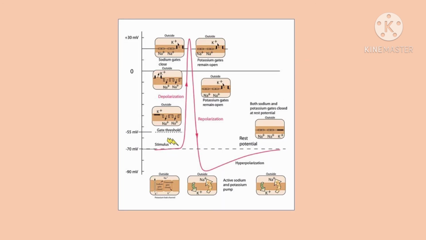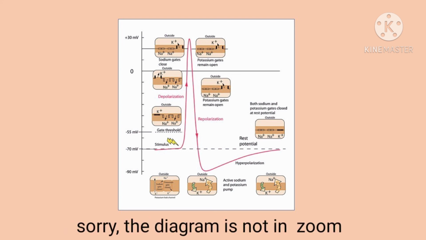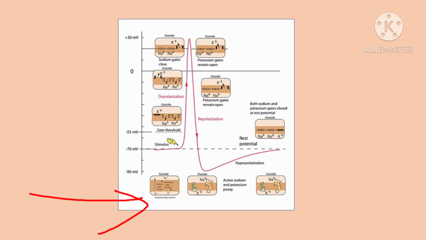Here in this beautiful diagram, starting from the bottom of the page, you can see the hyperpolarized condition which has a charge of minus 90 millivolt, where the potassium as well as sodium channels are closed. Then moving to the resting membrane potential, you can see the same condition, the sodium as well as potassium channels are closed.